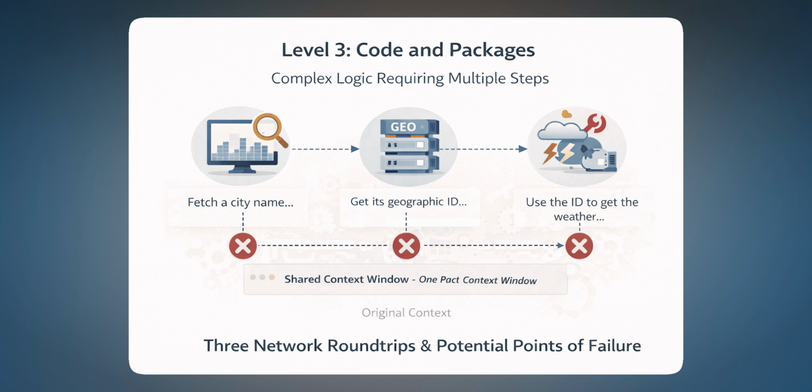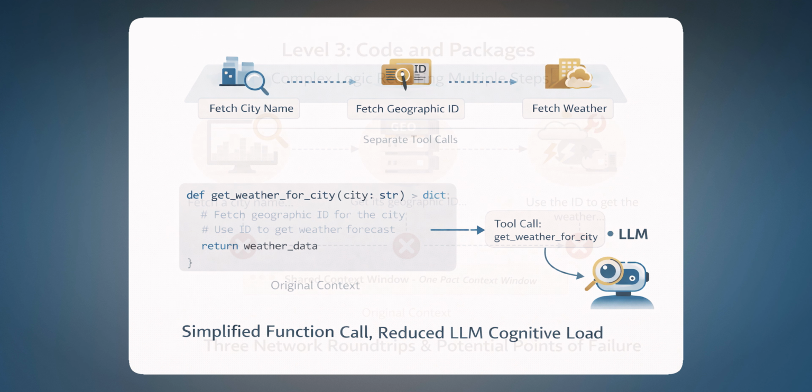What about complex logic that requires multiple steps? Well, for example, a sequence like fetch city name, get its geographic ID, use the ID to get the weather forecast. Making the LLM perform this as 3 separate tools becomes slow and brittle. A better way is to write a simple function in your preferred programming language like Python that performs the entire chain of logic.